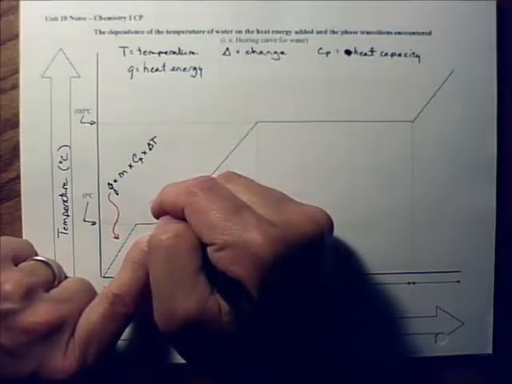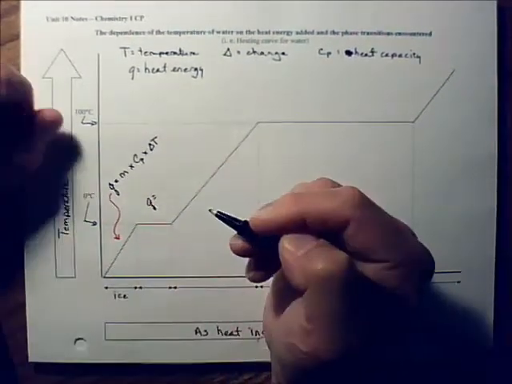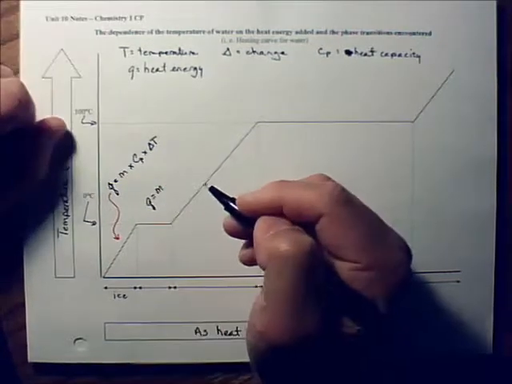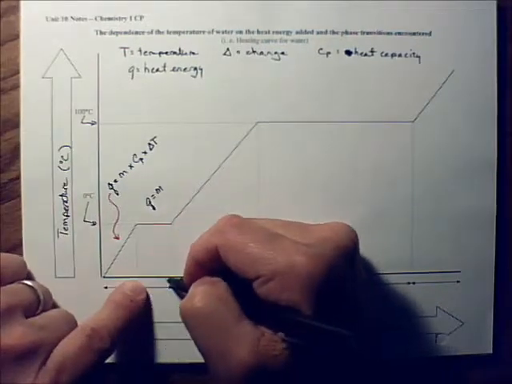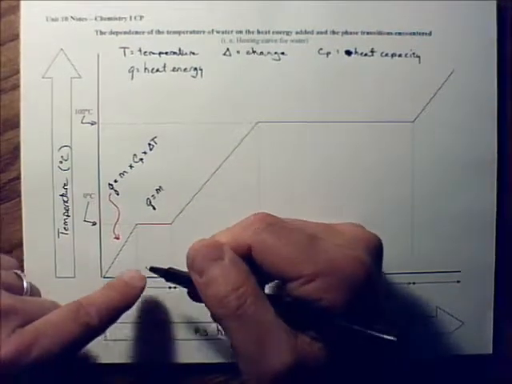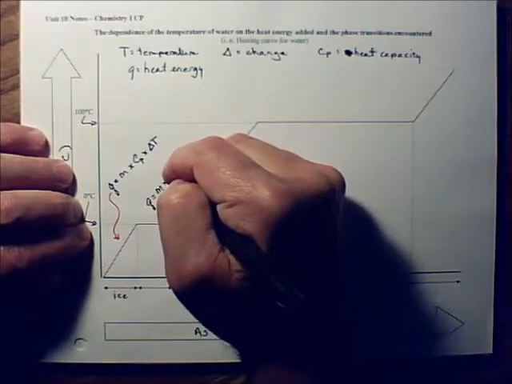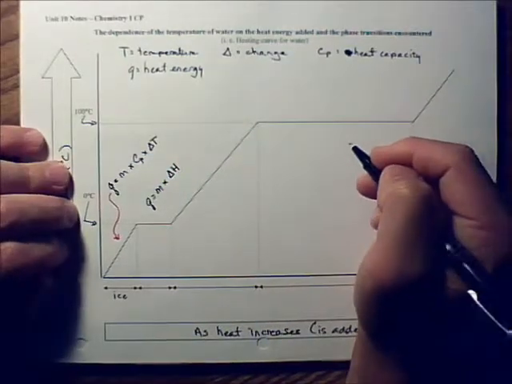Now we're still adding heat energy, so there's still a Q. We're still looking at what the mass is. But while we're adding energy and the temperature's not rising, all we can determine is that change in enthalpy.